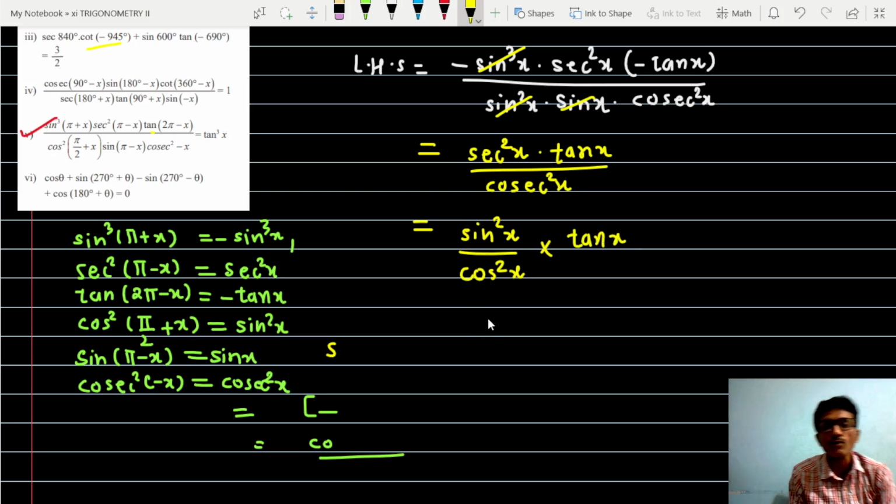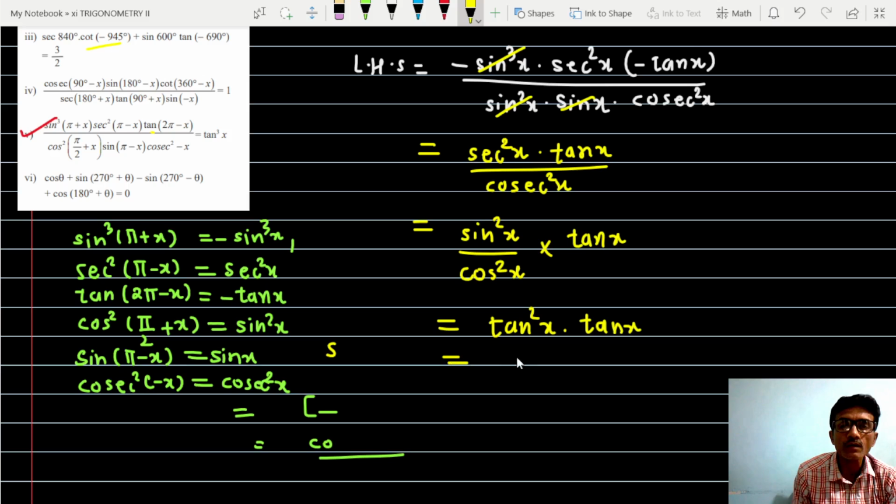Sin square upon cos square is tan square x, into tan x, which is equal to tan cube x, which is required in the right hand side. Yes, tan cube x.